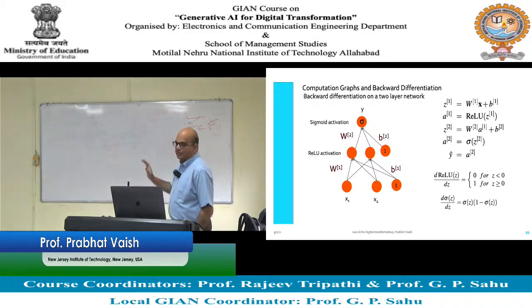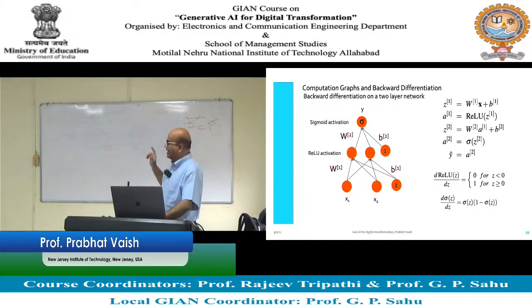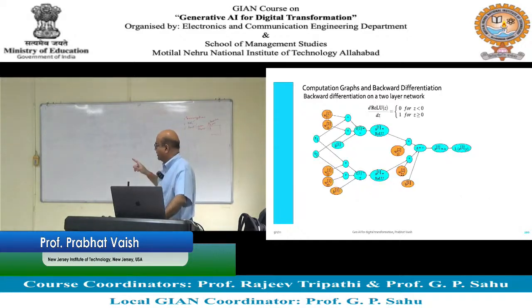Now, this is the basic mathematics that's happening at every neuron level. So if you have 5 million neurons, this is getting repeated 5 million times. Now, we saw a table today where I said that GPT-4 has 500 billion parameters.